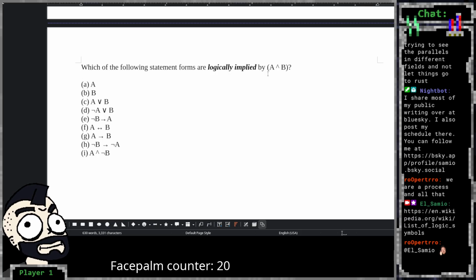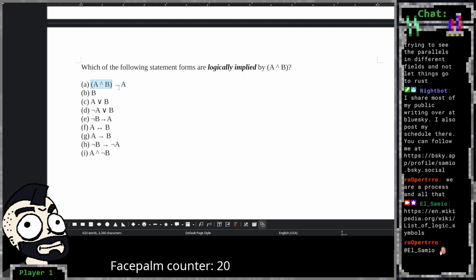Logical implication mirrors the structure of the material conditional. So one way to brute force this exercise is to check the truth table of this formula.